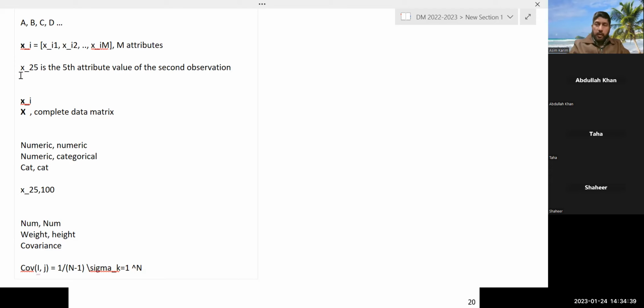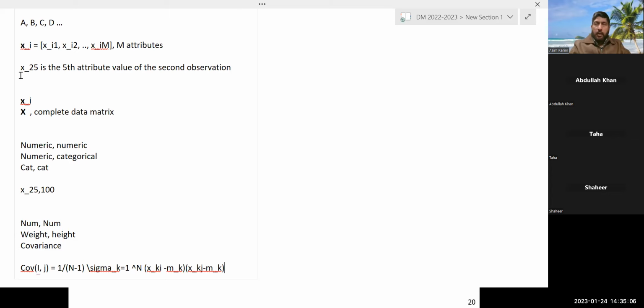So essentially then we have this summation here, x ki minus m k into x k j minus m k.